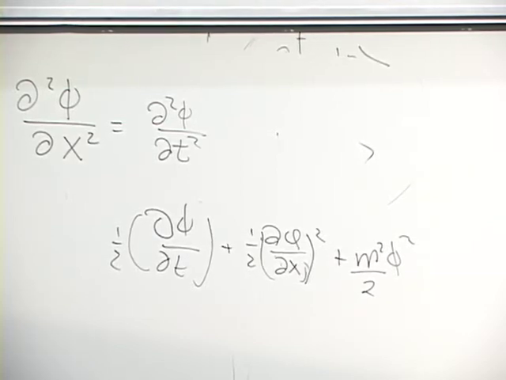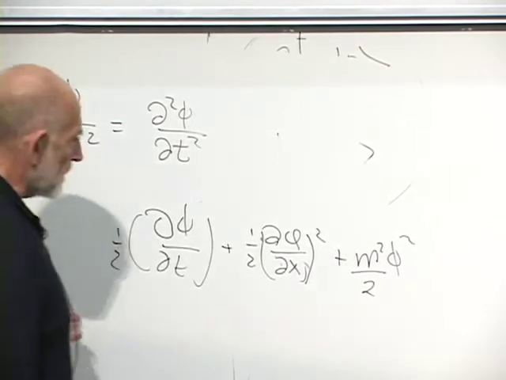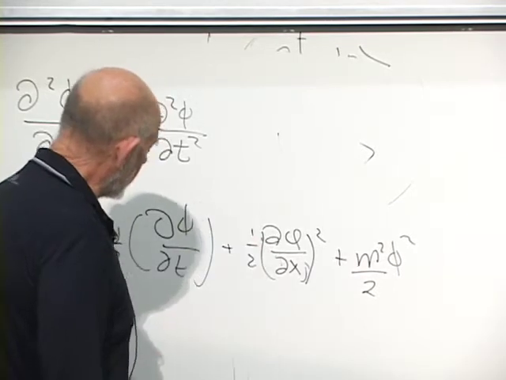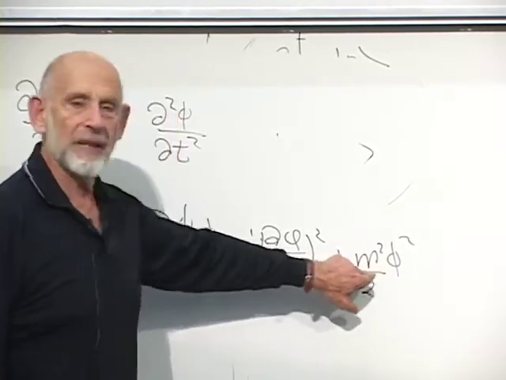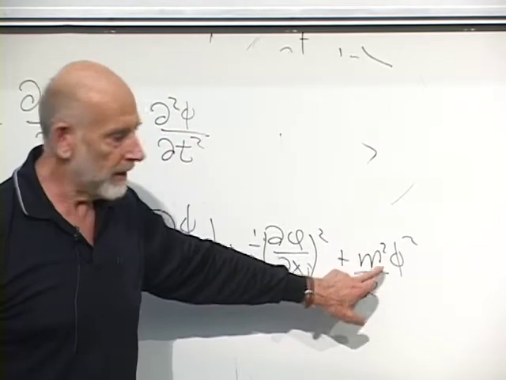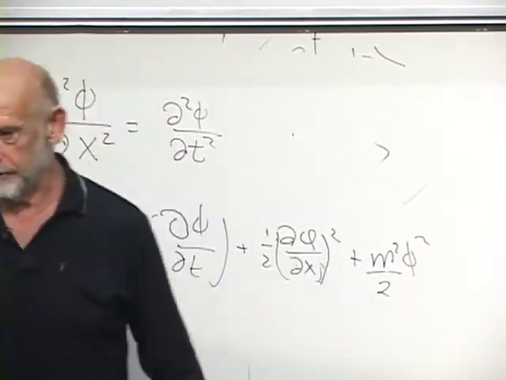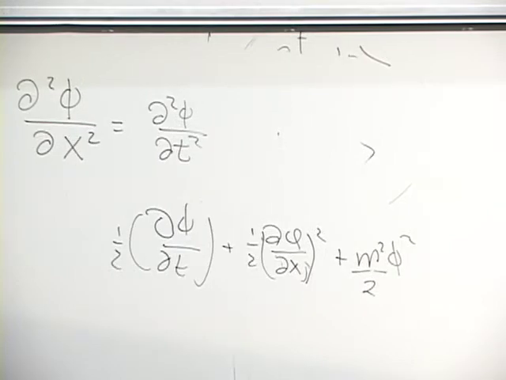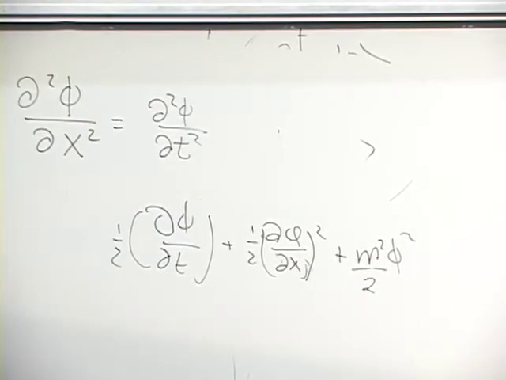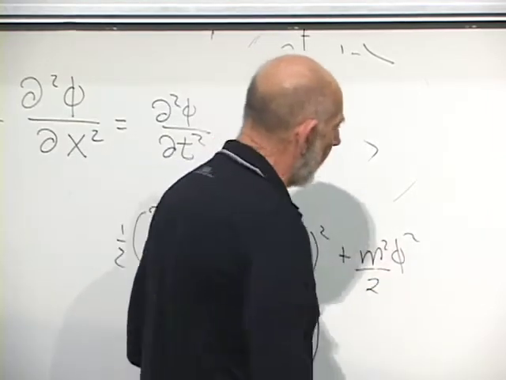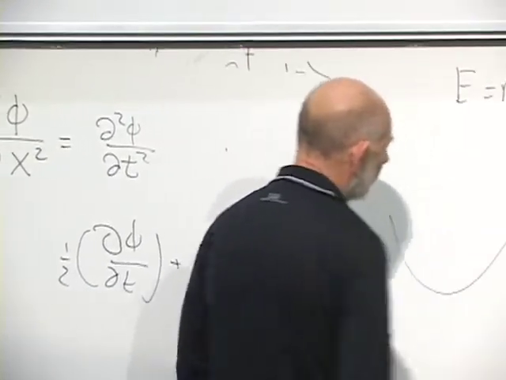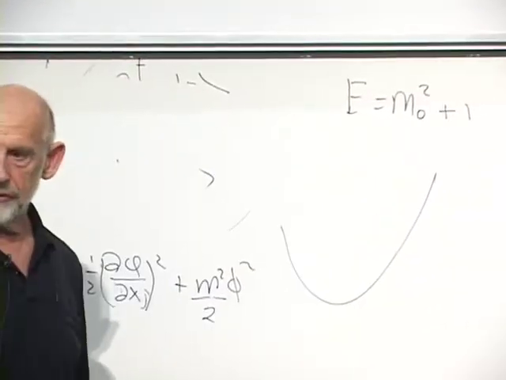This was the rule. Now notice that this is a kind of potential energy for the field. Notice that it's positive if the mass is positive. That means that if you increase phi, the energy increases.